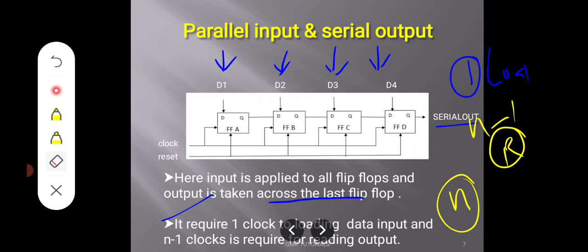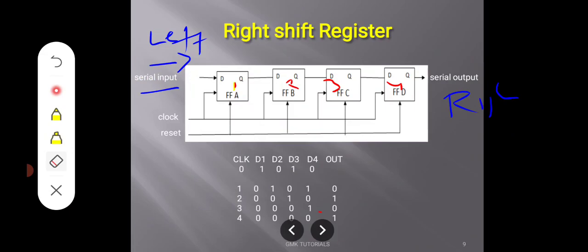Therefore the total number of clock pulses needed is n minus 1 for shifting the data out of the right shift register.